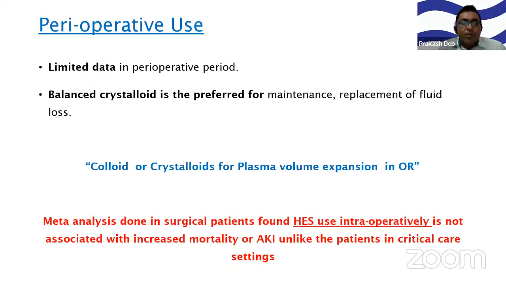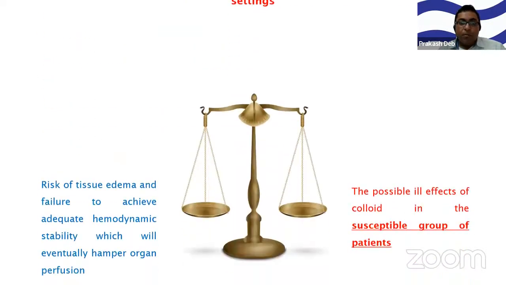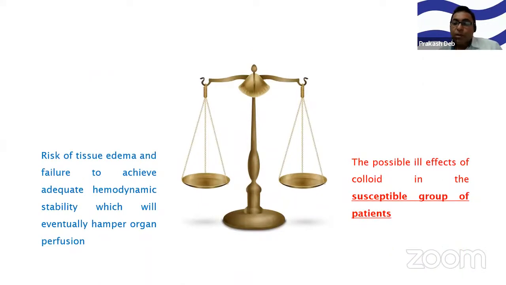So in perioperative use, we can say that we have very limited data, and whatever we use, like in maintenance replacement, a balanced crystalloid is a good solution. Recently, a meta-analysis has shown that hydroxyethyl starch, if you use it in the intraoperative period, is not even associated with a higher risk of mortality or AKI, unlike critically ill patients where data is conflicting. So the question is whether we can use colloid.